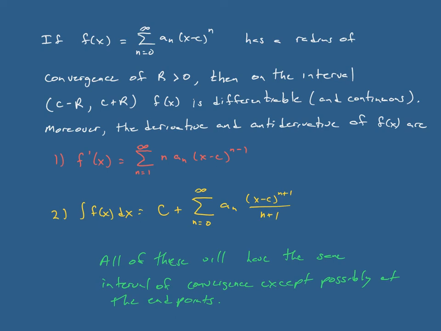The only thing that will happen, though, is I will need to check what happens at the endpoints. That will be the only place where there could be a difference between the interval of convergence of the original and its derivative and antiderivative.